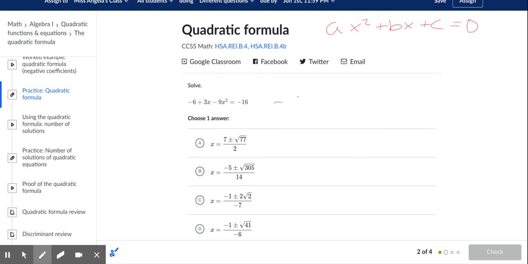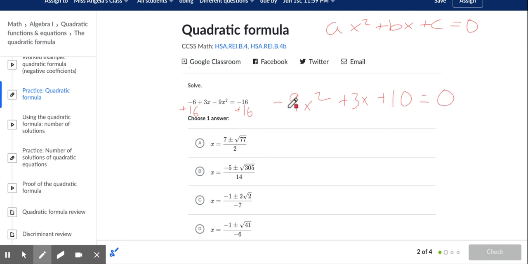So we're going to have negative 9x squared. We're going to add 16 to both sides while we're doing this. Add 16 to both sides. So negative 9x squared plus 3x plus 10, right? Negative 6 plus 16 is 10, equals 0.